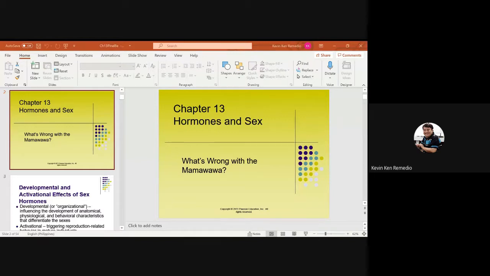As I said, hormones have a variety of functions. They can induce sleep, induce anxiety, lessen anxiety, increase adrenaline. They could stimulate sexual functions. These functions are corroborated by different sets of hormones produced by different glands.